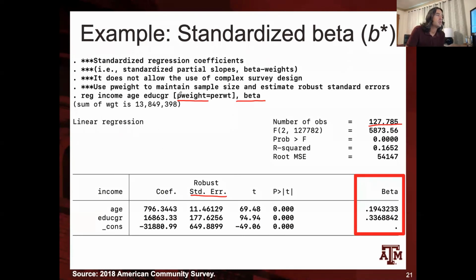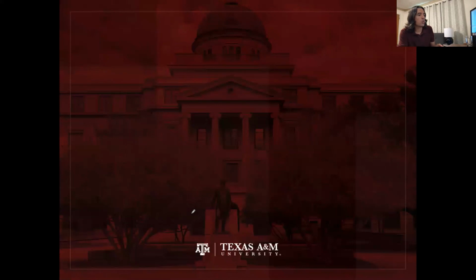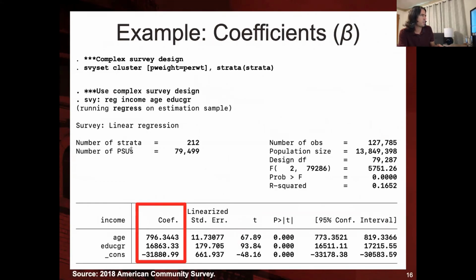As I mentioned, the complex survey design usually corrects the standard error, but the coefficient is the same, right? Oh no, here it's different, that's a good example.